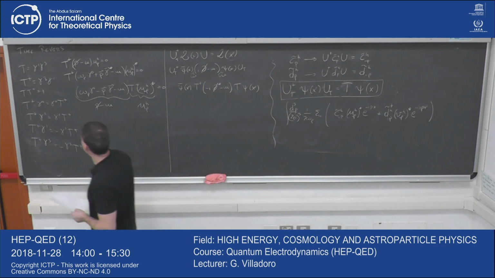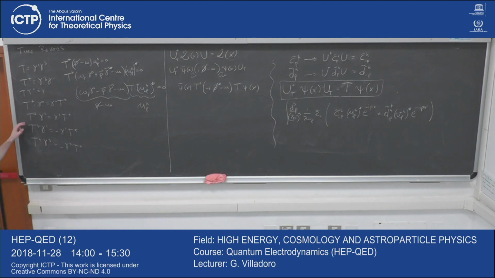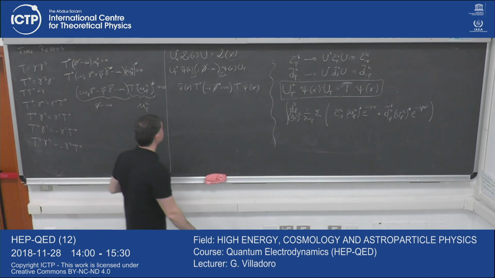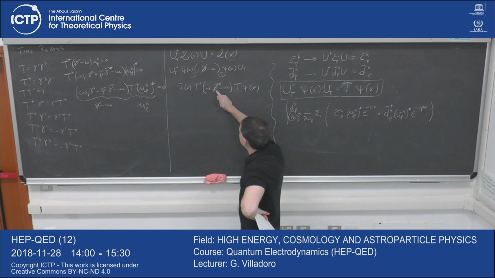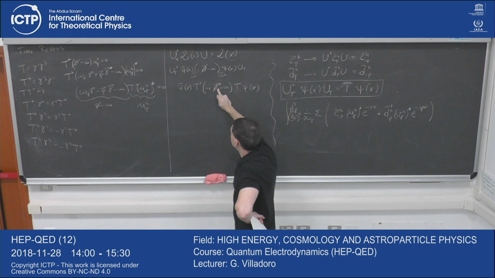Now I have to use these identities. So you see that T dagger gamma naught T and gamma 2 do nothing, gamma 1 flips sign, and gamma 3. So here you get a flipping for gamma 1, gamma 3, gamma 2 because it's a star, but not gamma naught.